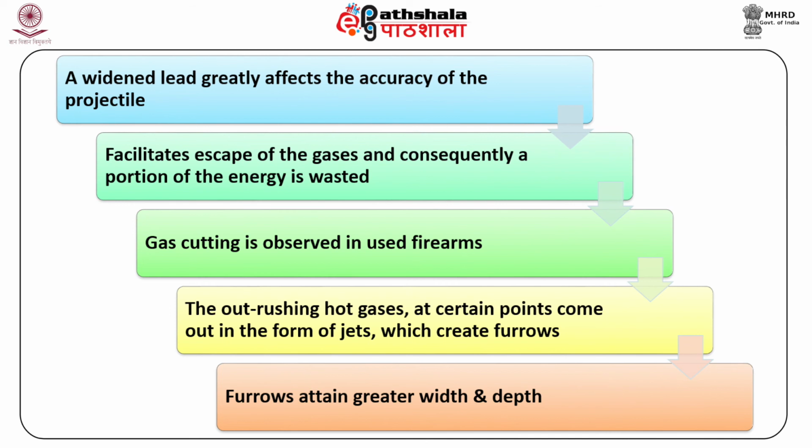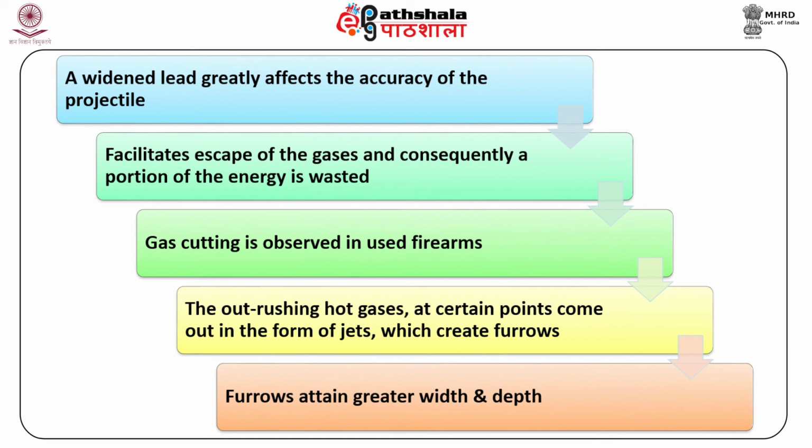The lead of the barrel is the first part to be affected in the firearm. A widened lead greatly affects the accuracy of the projectile. It facilitates the escape of the gases and consequently a portion of the energy is wasted. Gas cutting is another phenomenon observed in extensively used firearms.